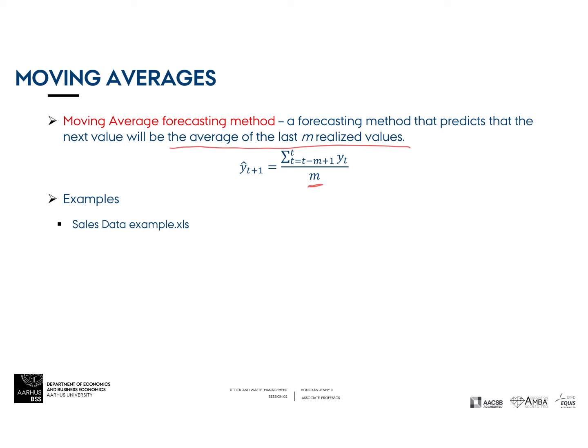So we have examples. It's no longer called the sales data example. It's actually called moving average and exponential smoothing examples. This is in Blackboard now, so you can check the data example. I found this data online.